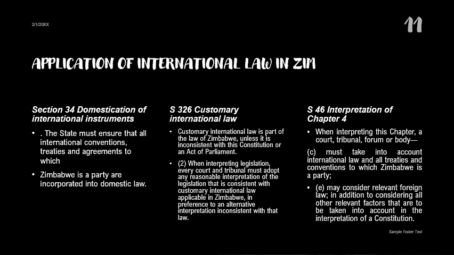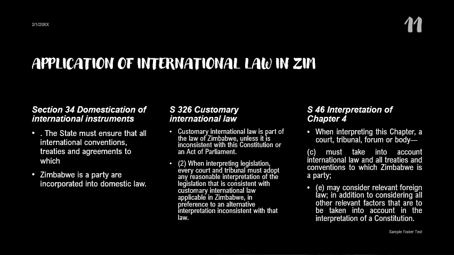And also we have section 326, which says that customary international law is part of the law of Zimbabwe unless it is inconsistent with this constitution. So here there's an automatic incorporation: customary international law, so long as it is not inconsistent with Zimbabwean law, is a part of us. We should acknowledge its existence and recognize it.